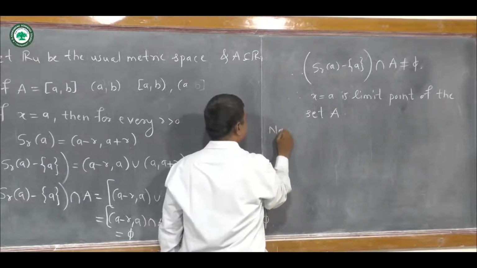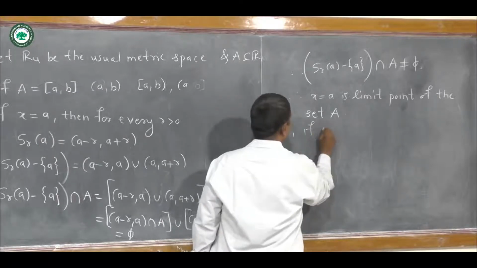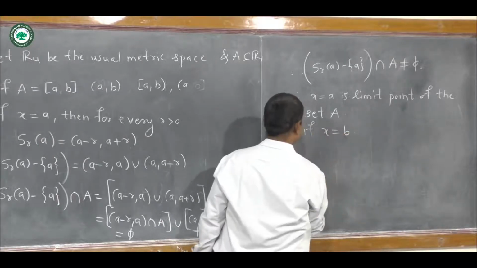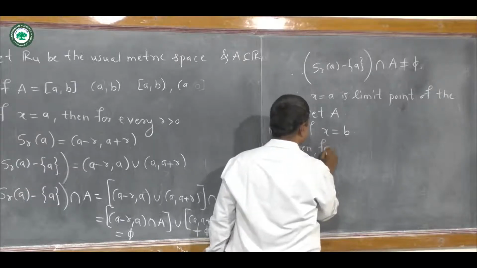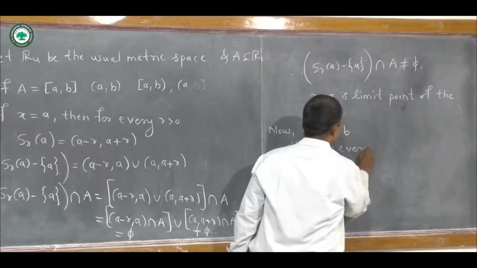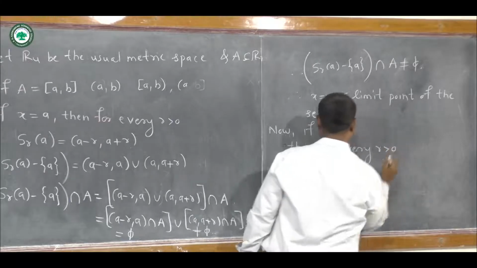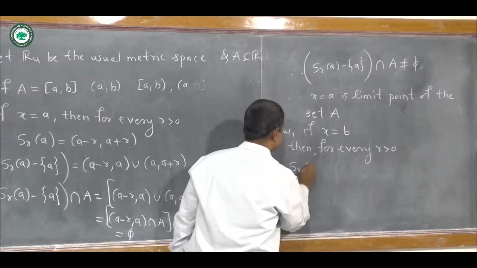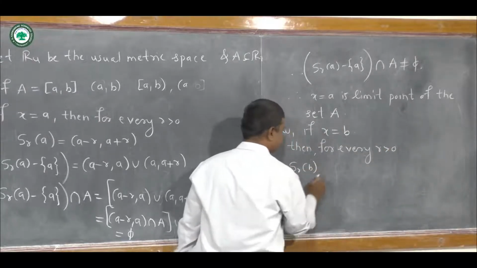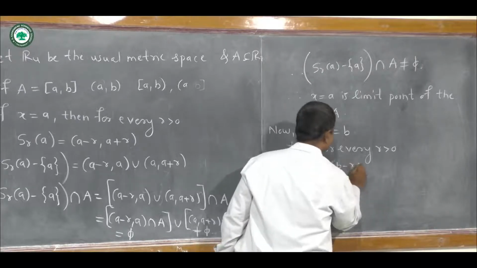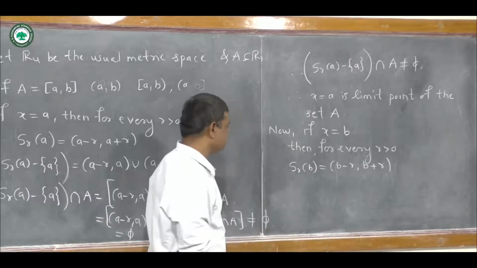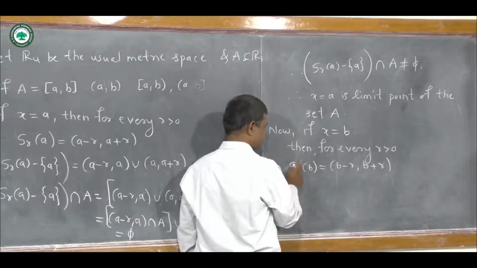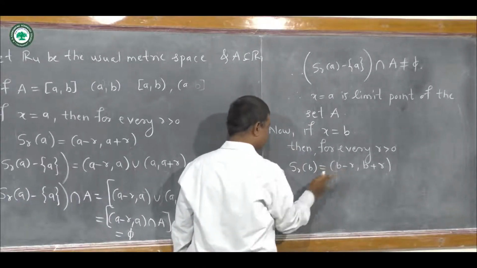Now if you take x equal to b, then for every r greater than 0, we write the open sphere S_r(b), that is the open interval b minus r to b plus r, because in the usual metric space open spheres are the open intervals.